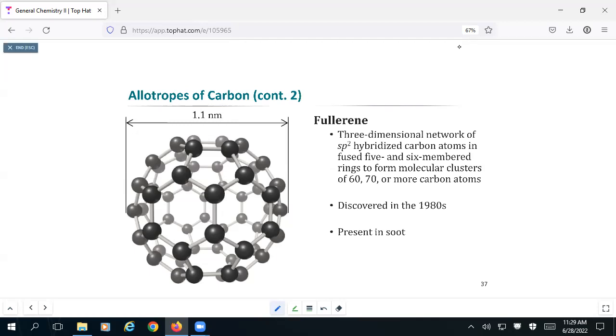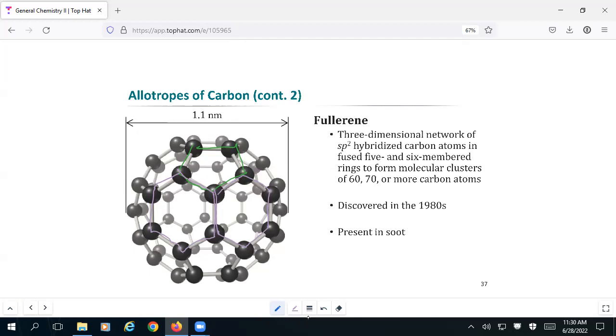You can see that around every single 5-membered ring, there are clusters of 6-membered rings going all the way around. Very similar to what you would see on a soccer ball. The black patches on a traditional soccer ball are pentagons, and the white patches are hexagons.